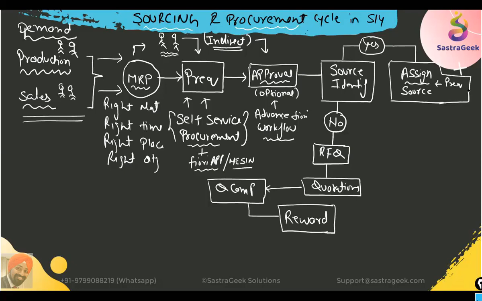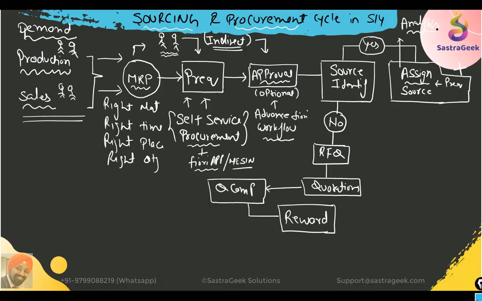Here there is another thing available in SAP S4HANA, a fantastic and awesome way: when you are assigning the source, you can utilize analytics. By using analytics, you can see multiple graphs. If three vendors are there, which vendor do you generally buy from?